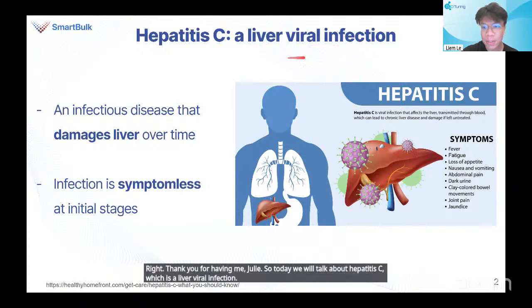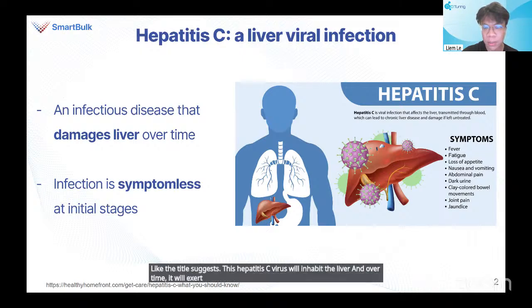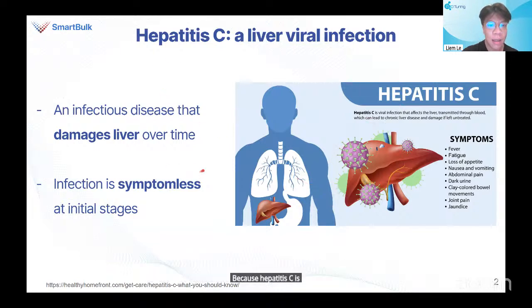Like the title suggests, this hepatitis C virus will inhabit the liver, and over time it will exert damage onto the liver, which will lead to cirrhosis or even liver cancer. Because hepatitis C is symptomless, the patient, when diagnosed, is usually already in a chronic state.